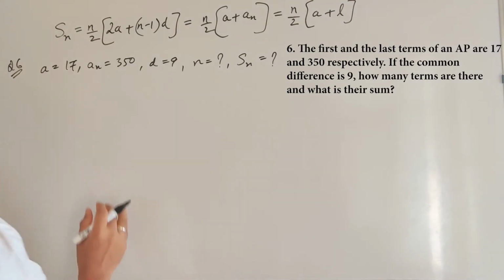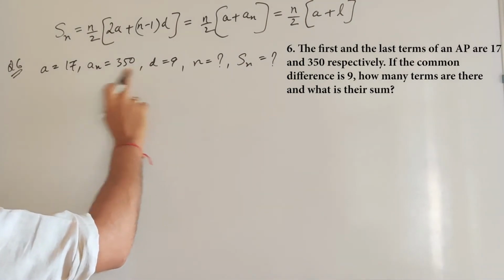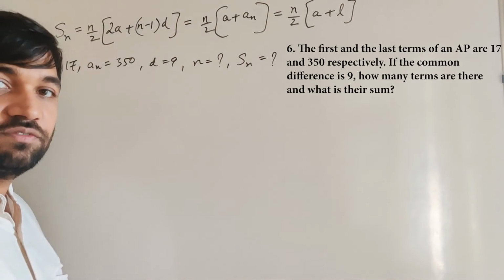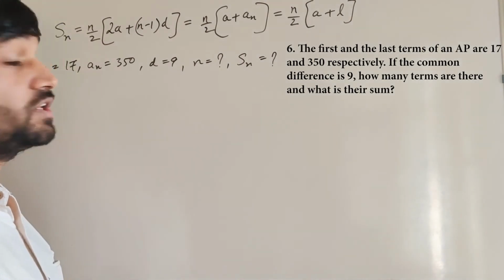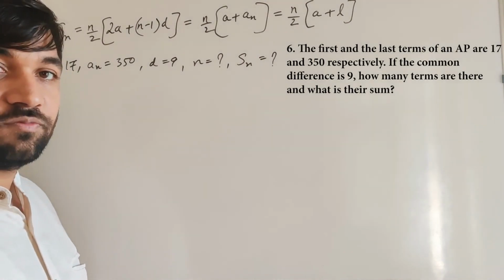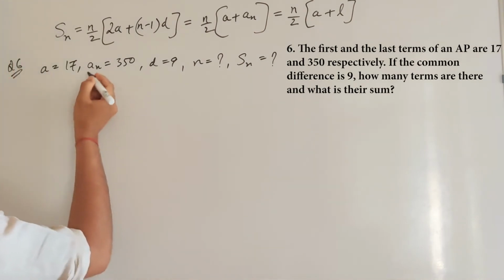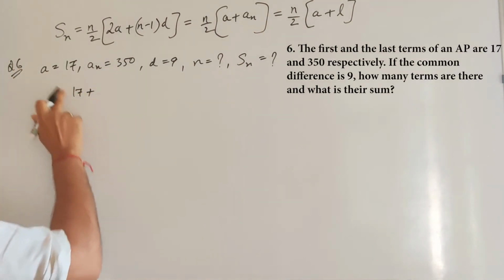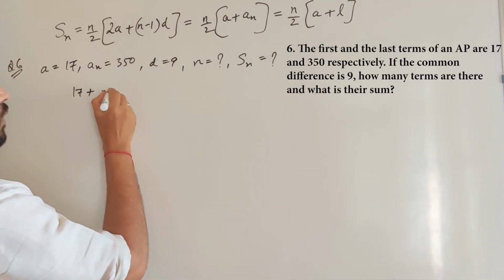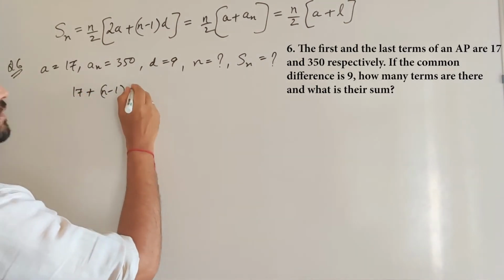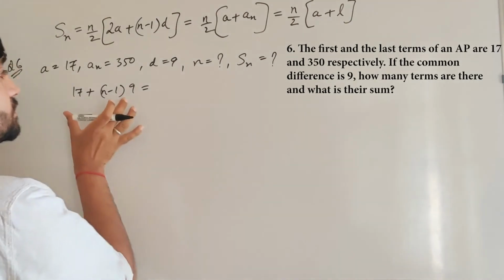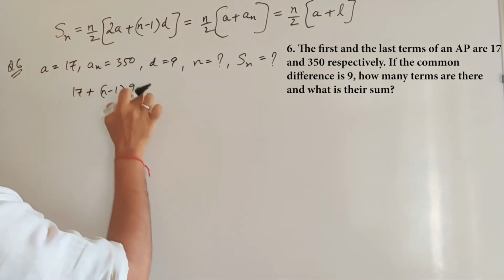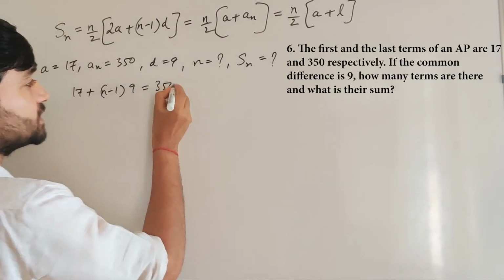Here the a and d values are given, so I can use the an equals 350 equation to find the value of n. For the nth term, we know the formula, an is a plus n minus 1 into d. So a is 17 plus n minus 1 into the common difference, 9, equals 350.